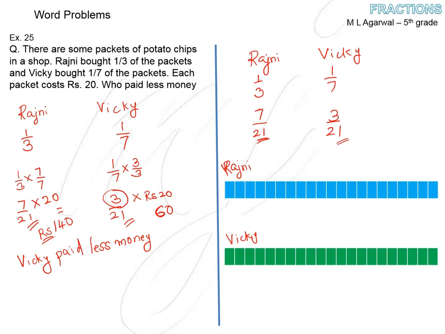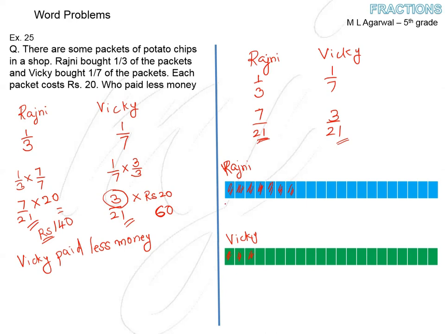Okay. Now, how much did Rajni buy? Rajni bought 7. So I will try to shade 7 because that is 7/21. 4, 5, 6, 7. And how much did Vicky buy? Vicky bought 3. 1, 2, 3. So who will pay less money?